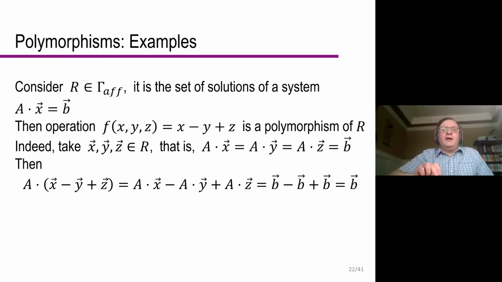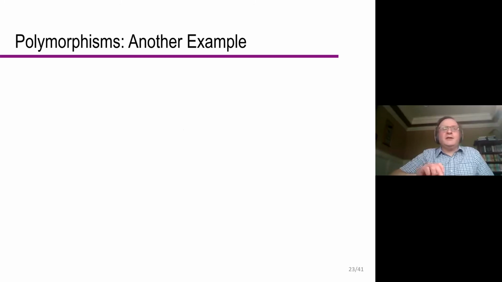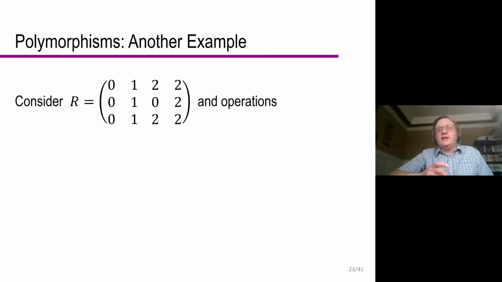Okay. A slightly more specific example: let's take a very special relation and a couple of very special functions, and again see whether one of them is a polymorphism or not. Let's take a simple ternary relation. The tuples here are written vertically: 0, 0, 0; 1, 1, 1; 2, 0, 1; and 2, 2, 2.